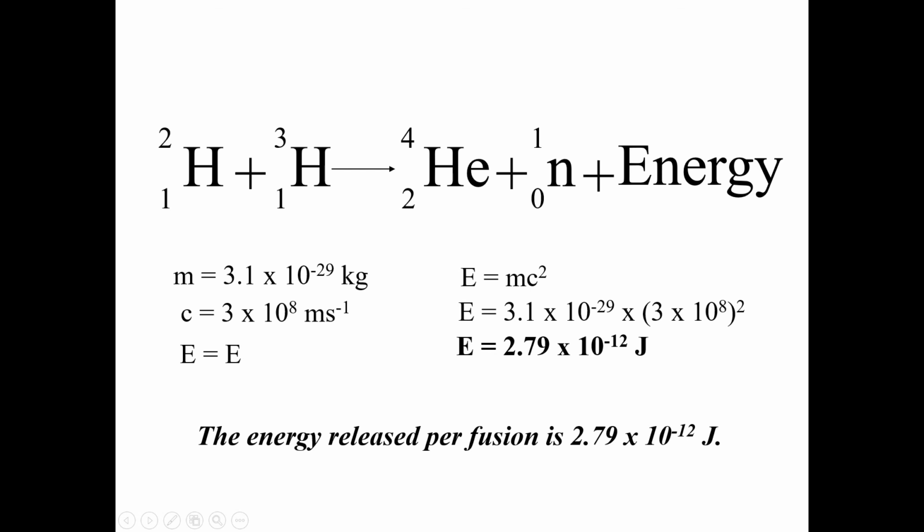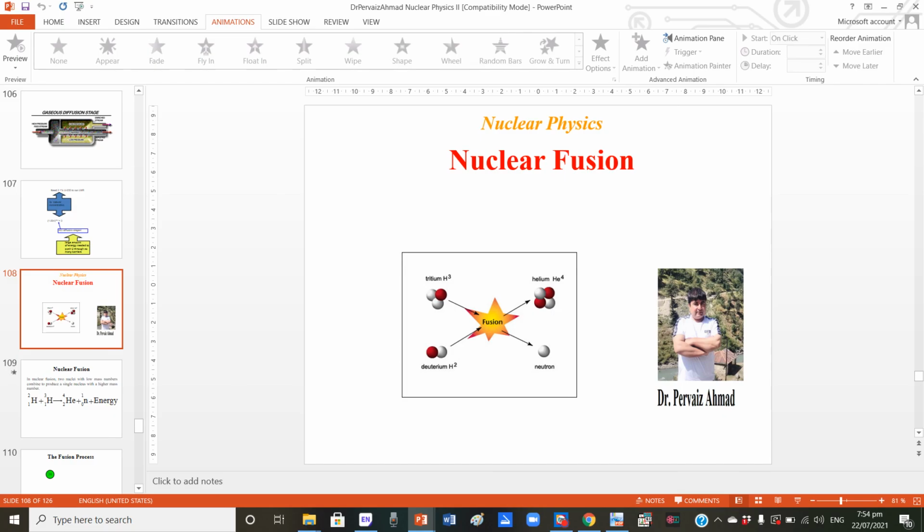If someone asks you what the energy released in fusion is, it is 2.79 × 10^-12 joule. So that is the energy from the fusion. That's all we have for nuclear fusion reactions.